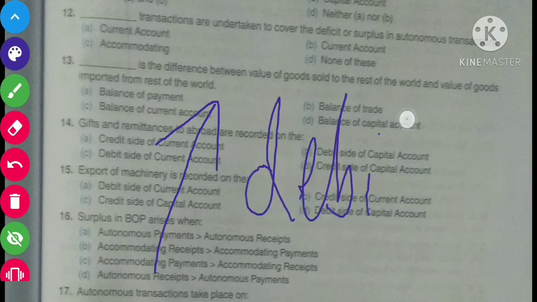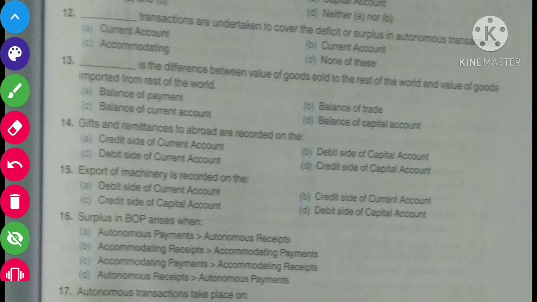Okay, and gifts and remittance is recorded on current account. So here option C, debit side of current account will be correct answer of 14 number question.